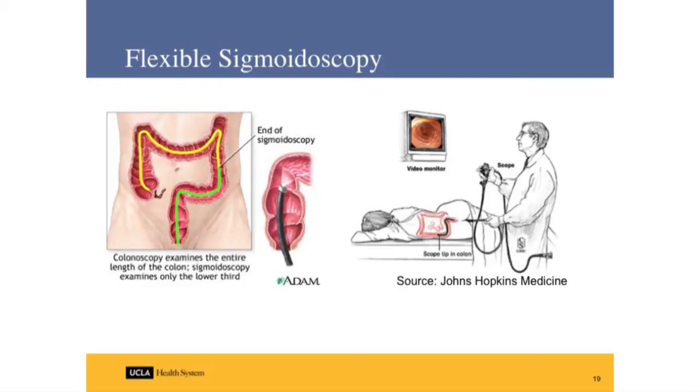And so you're missing this entire area here. The yellow depicts where, when you're doing a colonoscopy, the scope reaches all the way to the beginning of the colon, right here.